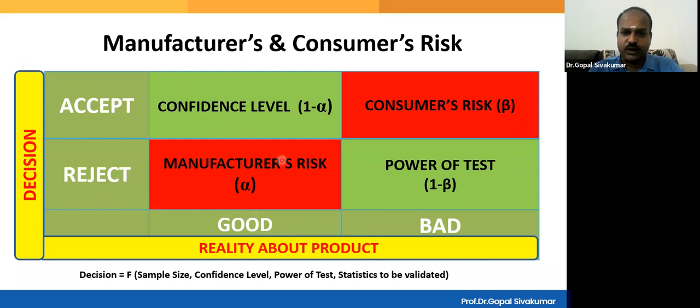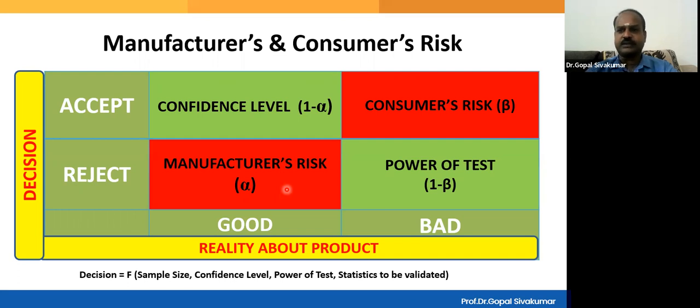And this is called manufacturer's risk. Why do we call it manufacturer's risk? Because the entire lot is very good, but only in the sample a few defects are found. As a result, the entire lot is rejected. Now who is under risk? The manufacturer is under risk. This is called manufacturer's risk.